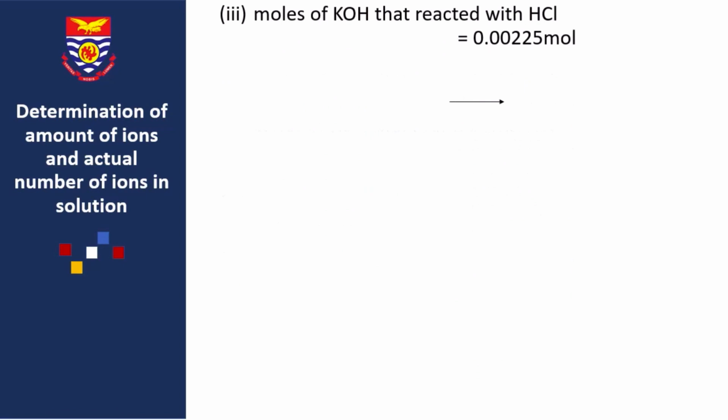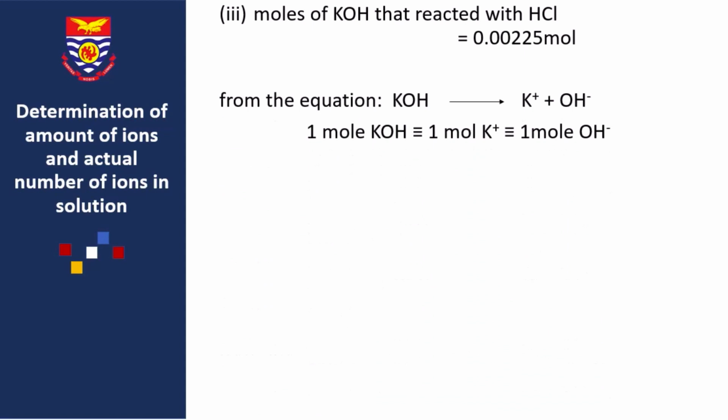Let's look at the other part, which is moles of ions. Now that we know the moles of the potassium hydroxide, we can write it in terms of ions. Remember, they said we should find the moles of the potassium ions and moles of hydroxide ions.